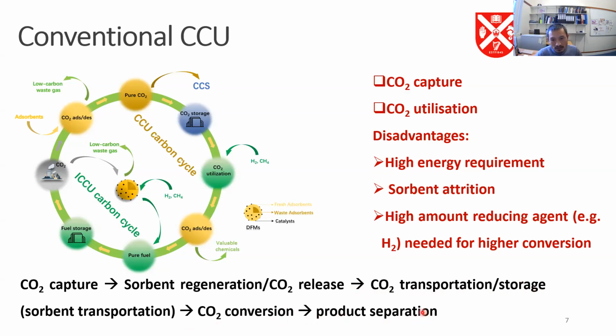In general, this conventional CCU process has a few steps and needs a lot of energy, especially when we use solid solvents, which have solvent attrition issues. There are many issues there. This also challenges materials: you need a solvent for CO2 capture and a catalyst for CO2 conversion. There is a massive amount of research activity there.